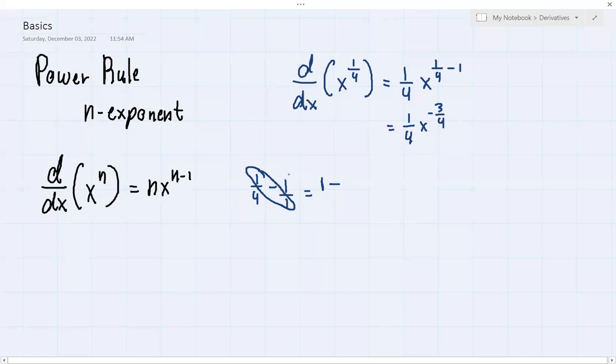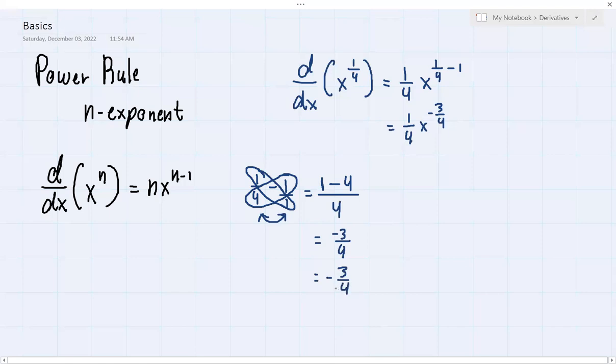Then next, multiply diagonally 4 times 1. So, that becomes 4. Alright? Then last but not least, multiply the two denominators. 4 times 1 is 4. So, simplify, 1 minus 4 is negative 3 all over 4, or negative 3/4.